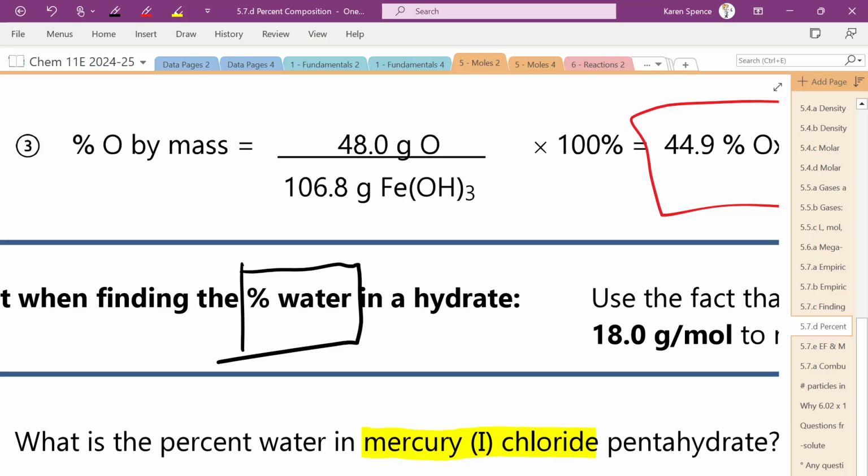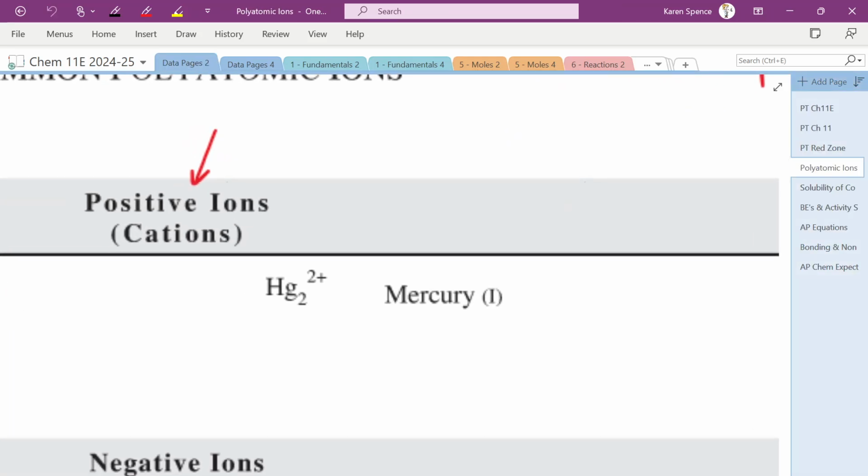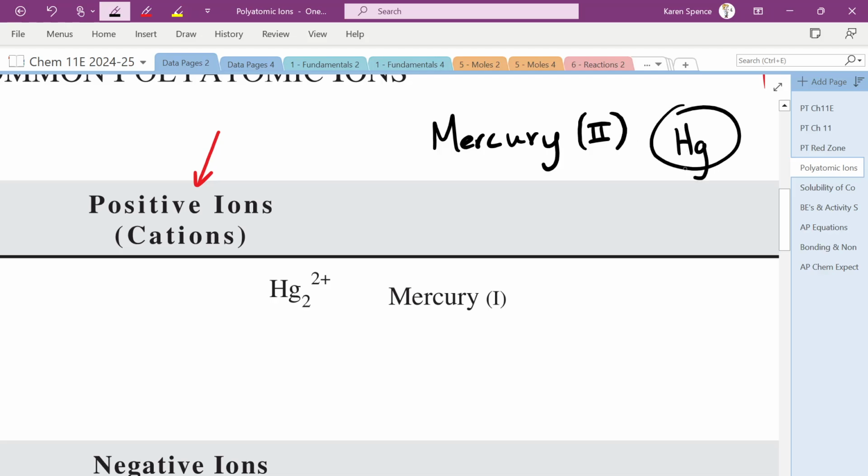Now, why did I ask you to consult your pink sheet? Because mercury 1 is an odd little guy, yes? It doesn't behave like normal. Normally, like if I had mercury 2, that is just normal, and you would have a single Hg with a 2+ charge. Yeah? That would be mercury 2, Hg 2+.